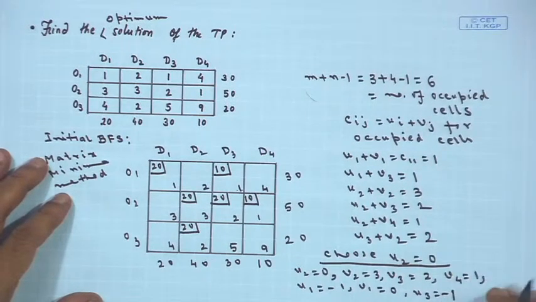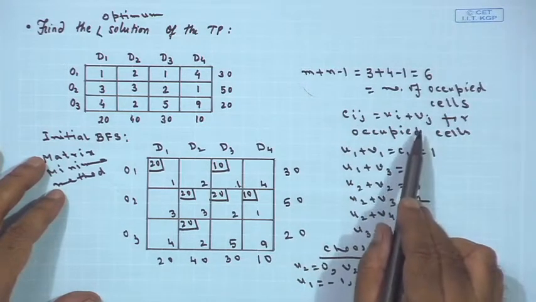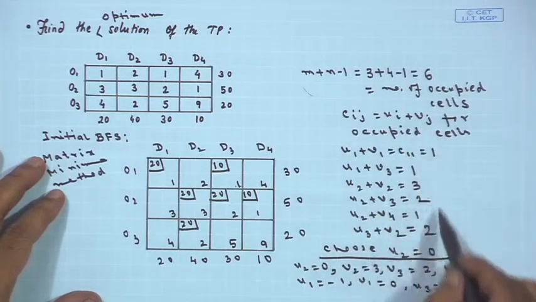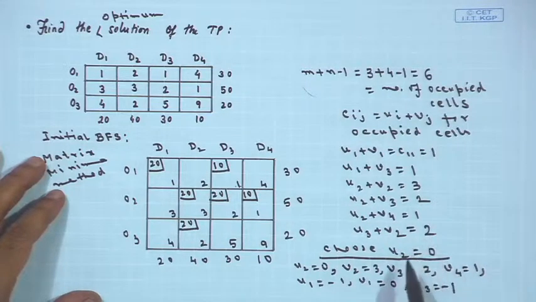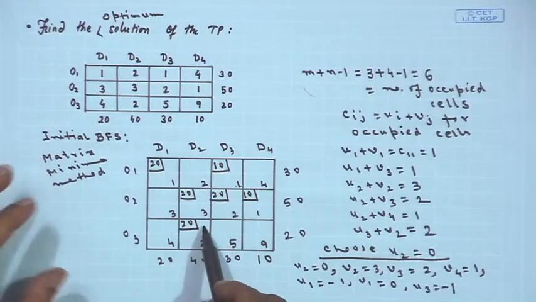Please note that by considering Cij equals Ui plus Vj for occupied cells, I am forming the equations. I will choose one variable arbitrarily as 0, otherwise I can't determine the values of the other variables. What am I choosing? The row which has the maximum number of allocations.